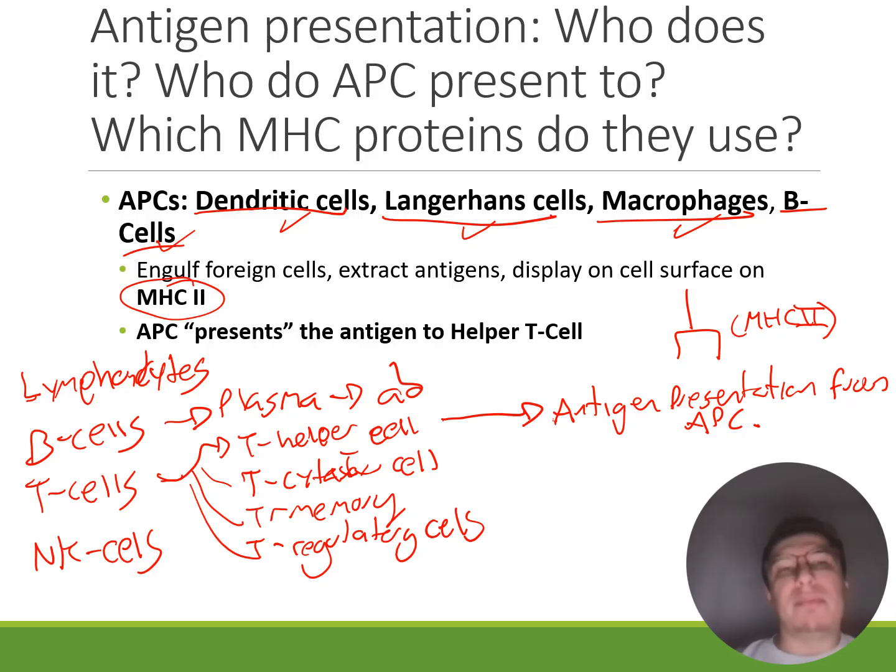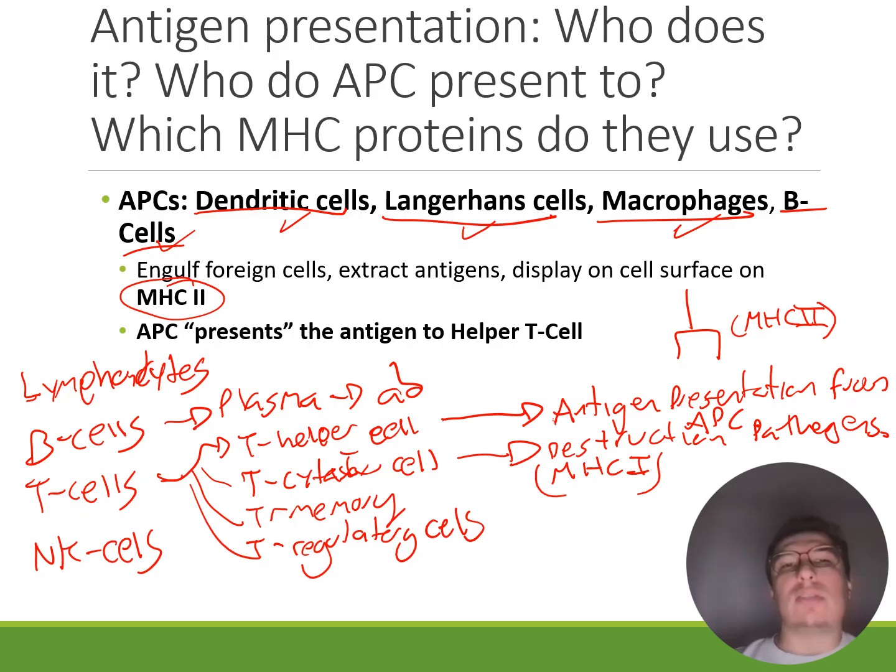There is another type of T cell, the cytotoxic T cell. This cytotoxic T cell is more involved in the destruction of pathogens. So cytotoxic T cells are monitoring for MHC1. Cytotoxic T cells are checking this receptor on cells. I want you to think of MHC1 as a receptor that is displayed by your own tissues.